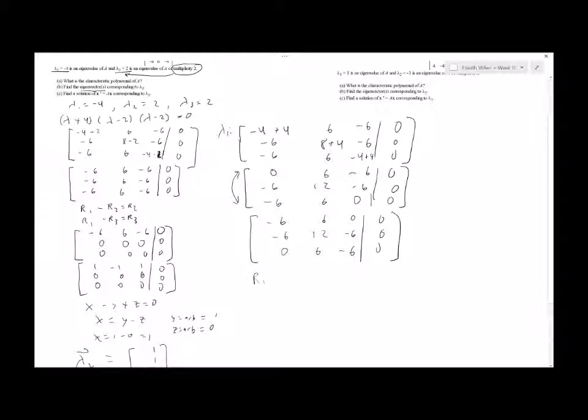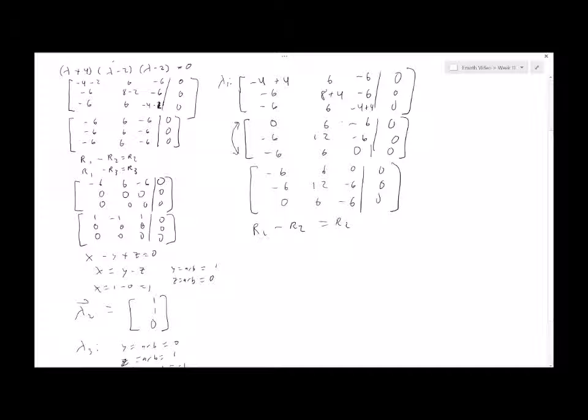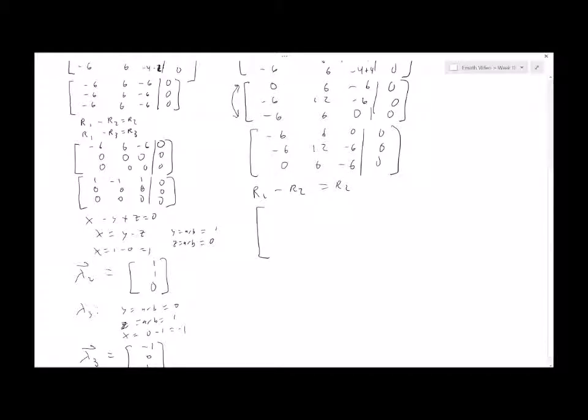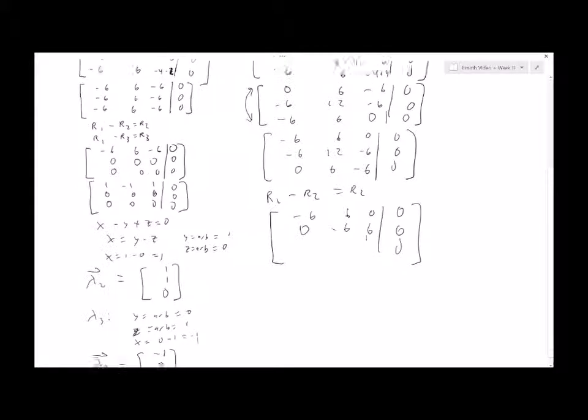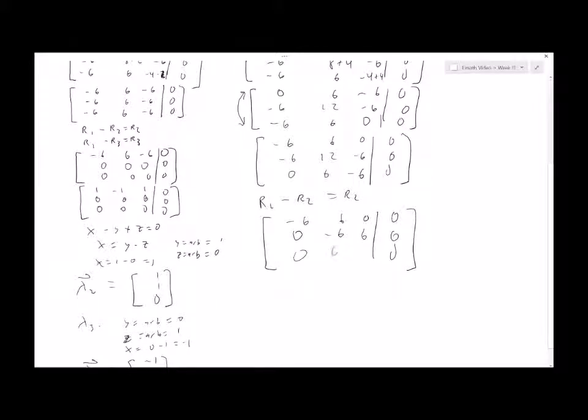So now row 1 minus row 2 equals row 2: negative 6, 6, 0, and negative 6 minus a negative 6 is going to be 0, 6 minus 12 is negative 6, 0 minus a negative 6 is going to be 6, and then 0, 6, negative 6. So as you can see, row 2 and row 3 are multiples of each other, so row 2 plus row 3 equals row 3.